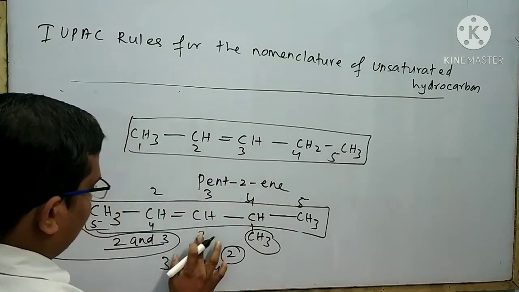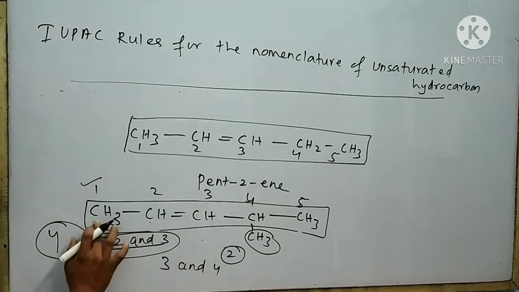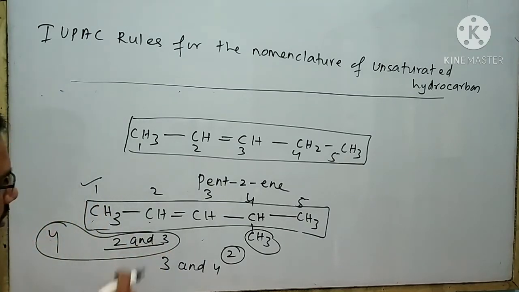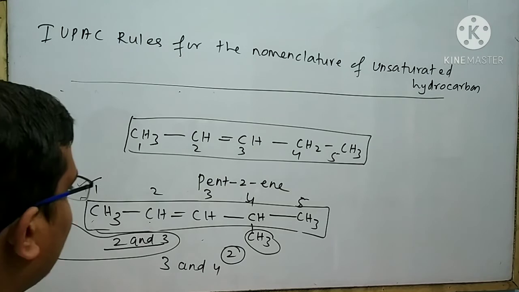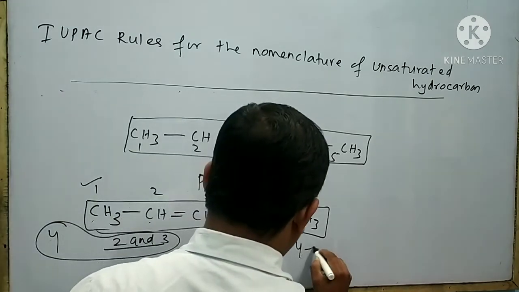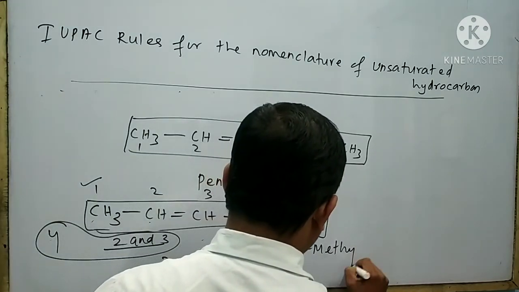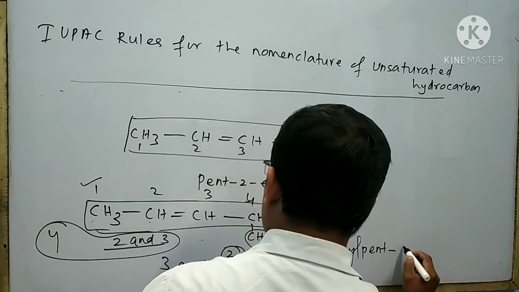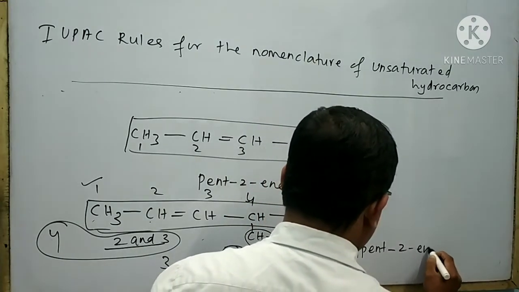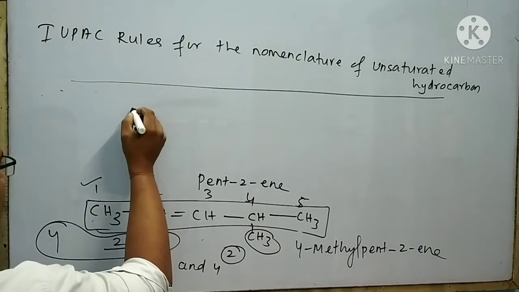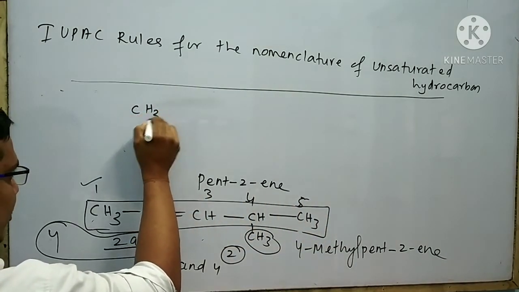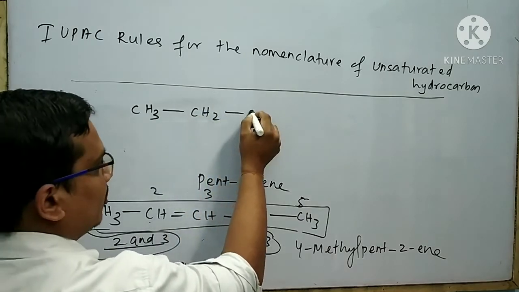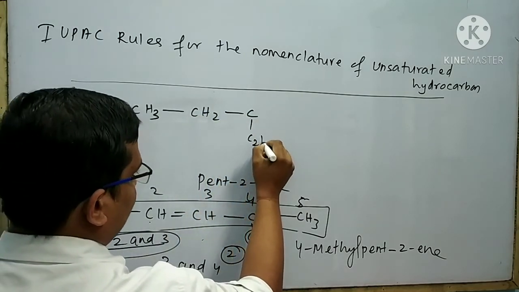You cannot write this type of numbering for the nomenclature of this organic compound. The name of this organic compound is 4-methylpent-2-ene.